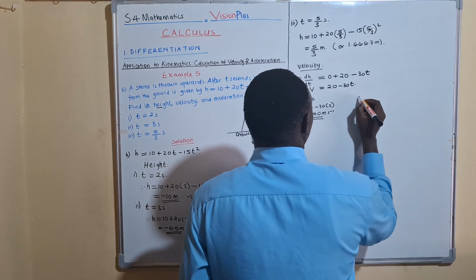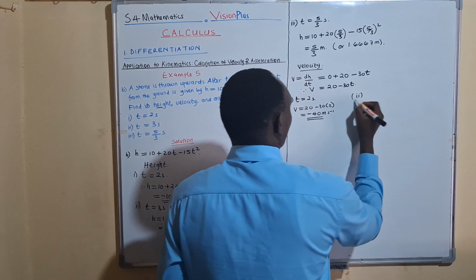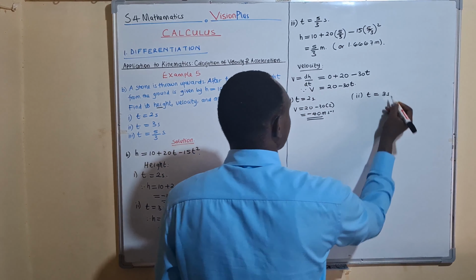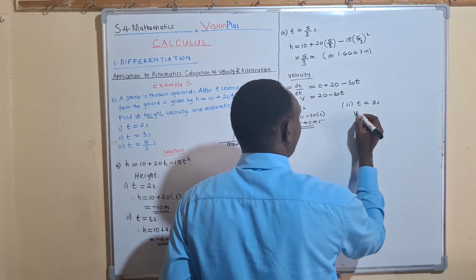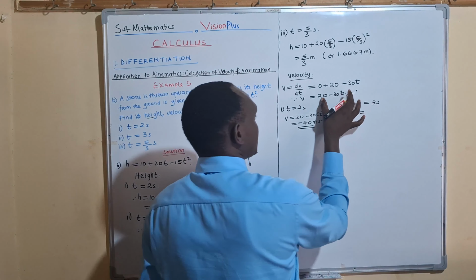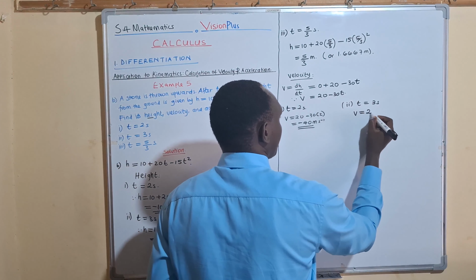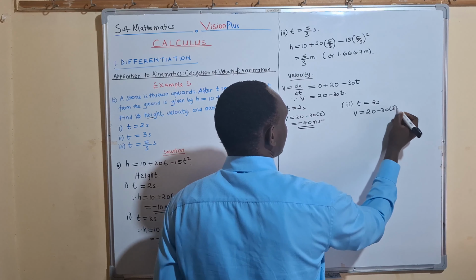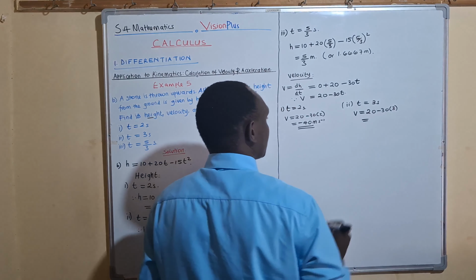Now, let's go to Roman 2. When the time is 3 seconds, what does v become? We substitute the time as 3 seconds using the same expression at any time, that is 20 minus 30t, our t now is 3. And then you press the calculator.